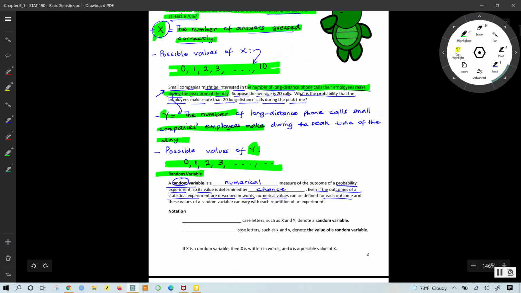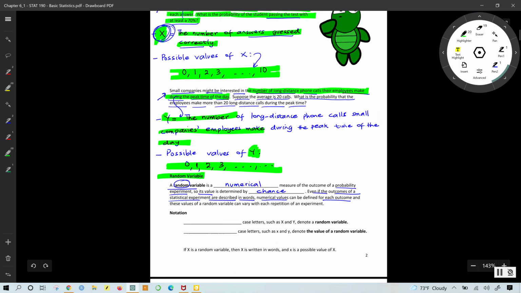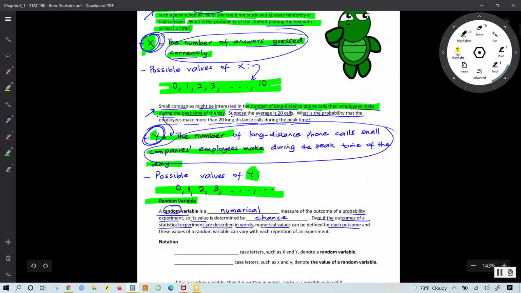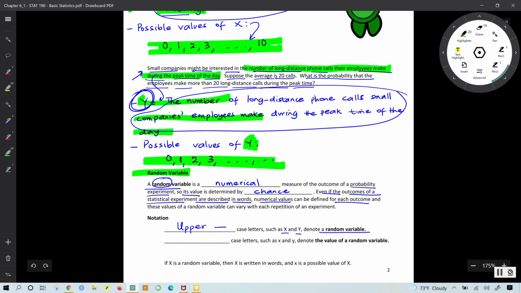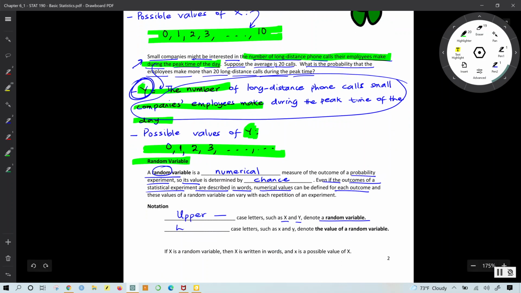In general, just like you see me use here, X and Y, I used uppercase letters to represent the first random variable and the second random variable, which I'm circling on the screen. We use uppercase letters such as X and Y and so on to denote the definition of the random variable, whereas lowercase letters such as x and y can denote the possible values of the random variable.